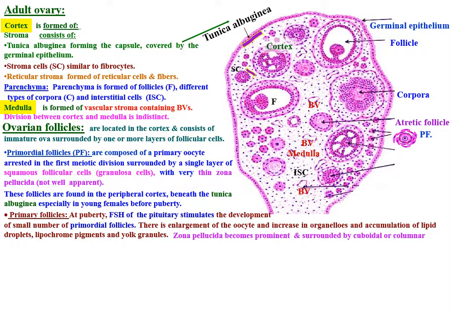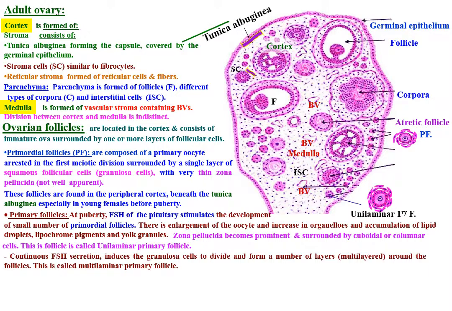Zona pellucida becomes prominent, surrounded by cuboidal or columnar cells, and this follicle is called unilamellar primary follicle. Continuous follicle-stimulating hormone secretion induces the granulosa cells to divide and form a number of layers around the follicles. This is called multilaminar primary follicle.